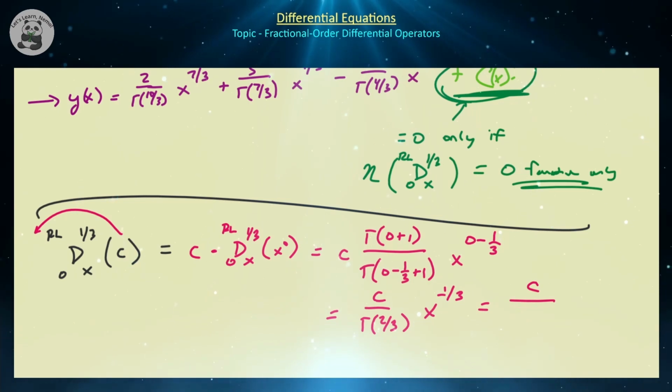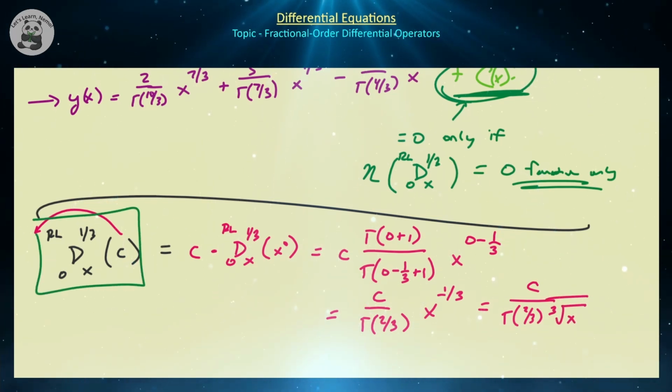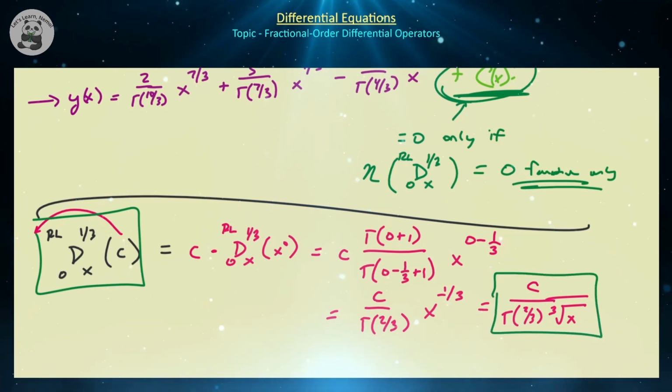And why am I writing square roots here? It should be gamma of 2/3, and that's just going to be the cube root of x. So that is the Riemann-Liouville fractional 1/3 derivative of a constant, which obviously is not equal to 0.